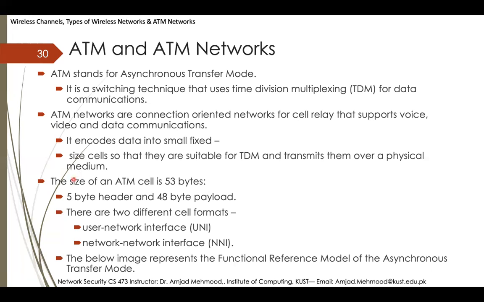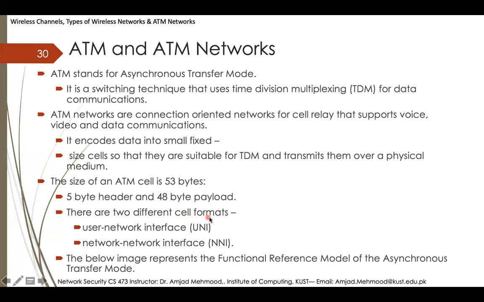The size of an ATM cell is 53 bytes: 5 bytes header and 48 bytes payload. So this is the division of the packet, that 48 bytes payload or data and 5 bytes of header normally used for sending an ATM cell or a packet over the network.